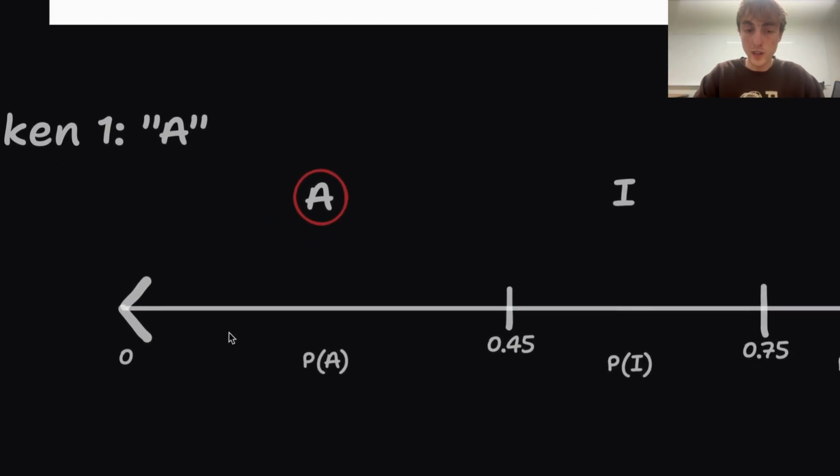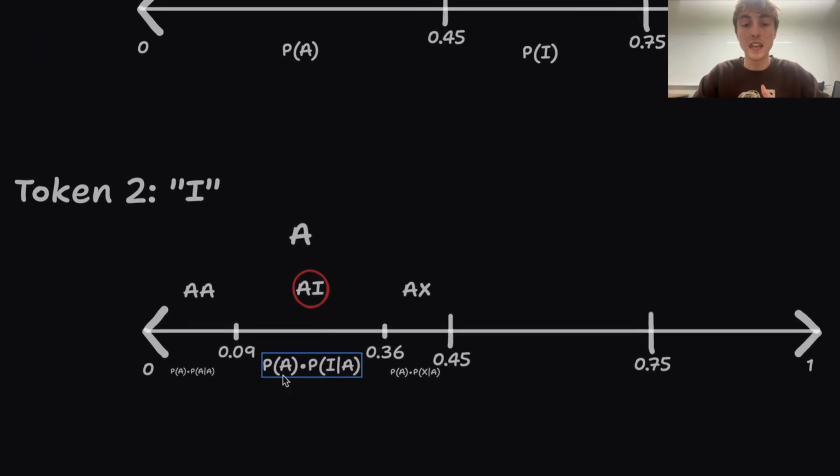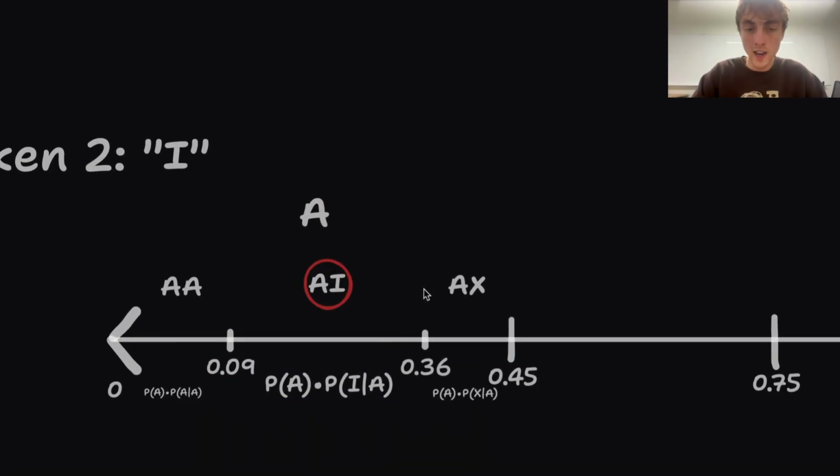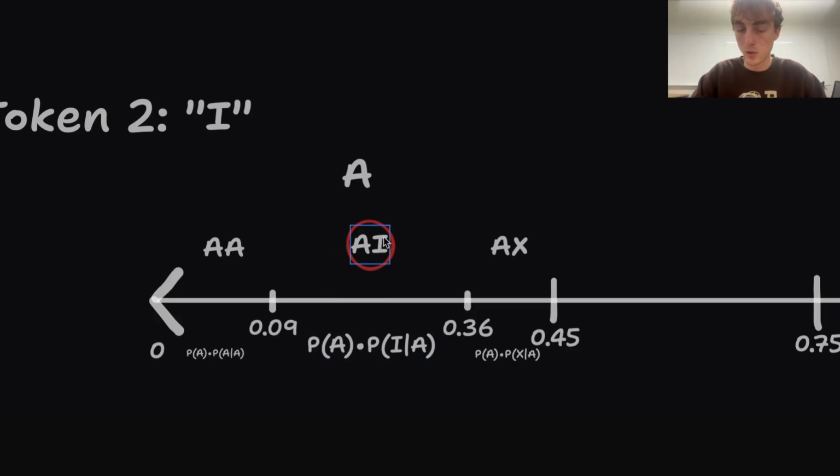Then we treat this segment as a new number line from 0 to 1 and split it up using the conditional probabilities of each possible token, given that we have A times the probability that our first token was A. So we have this new number line, and we look at our second token, and where does it map on the number line?